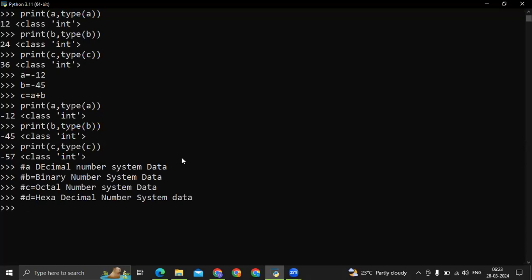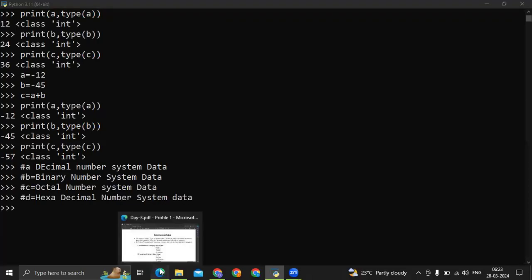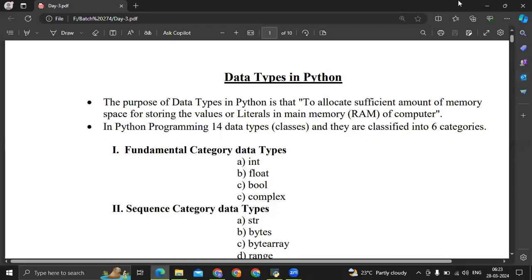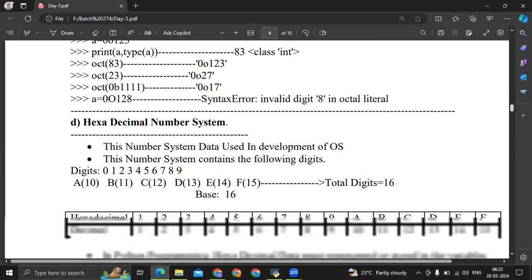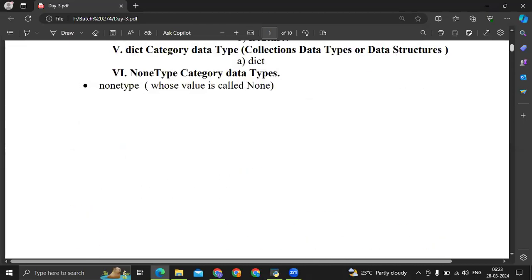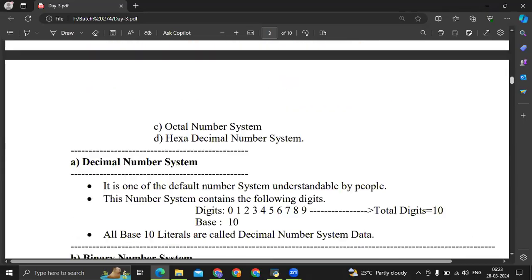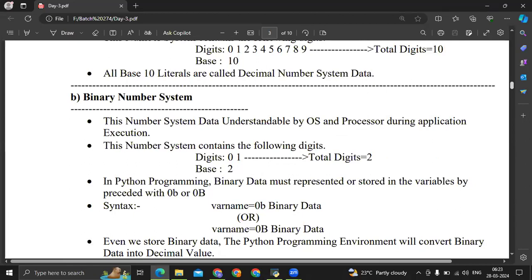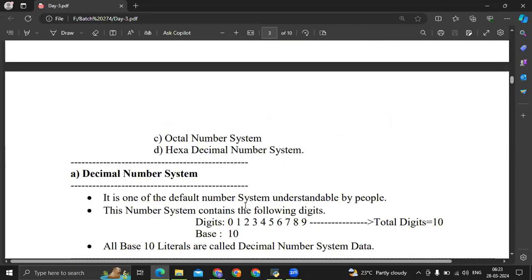Now let's talk about the decimal number system data. It is the default number system understandable by people.